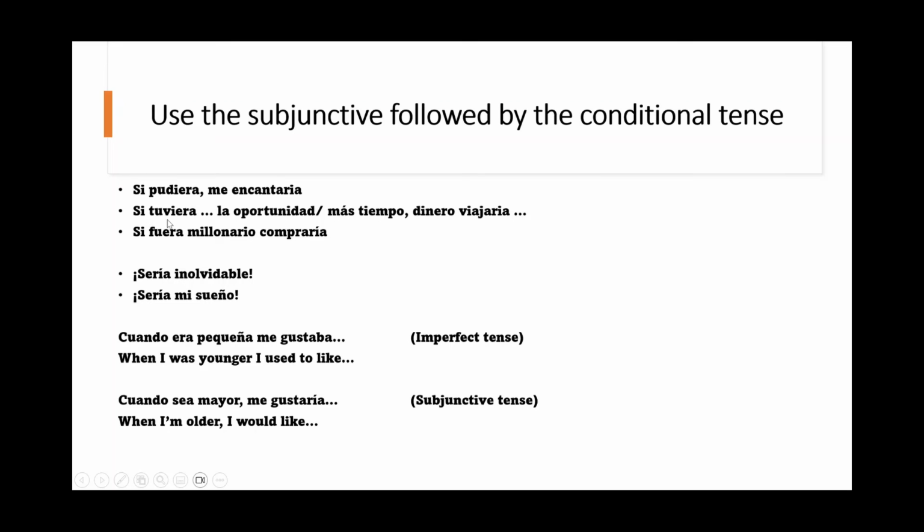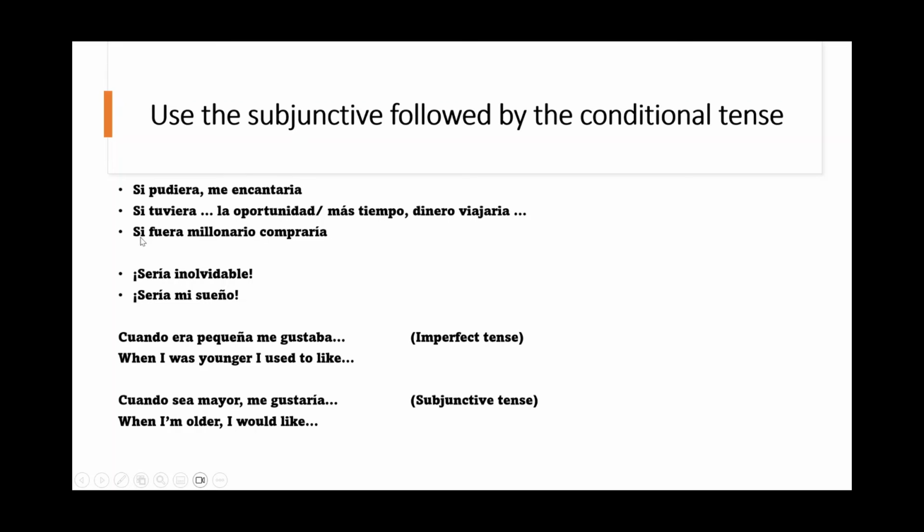Si tuviera, if I had the opportunity, si tuviera la oportunidad, or si tuviera más tiempo, if I had more time. Si tuviera dinero, or si tuviera más dinero, viajaría, I would travel. So if I had more money, I would travel. So again, try and remember si pudiera, si tuviera, followed by the conditional tense: encantaría, viajaría.